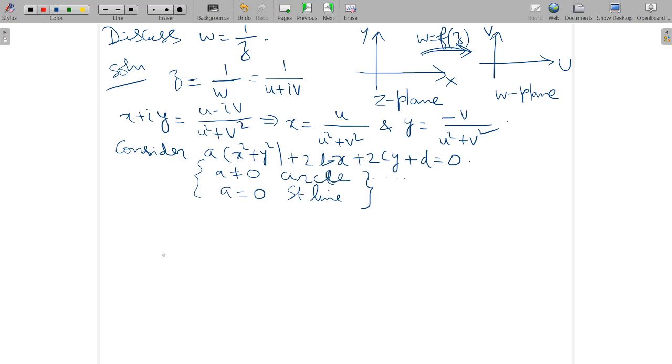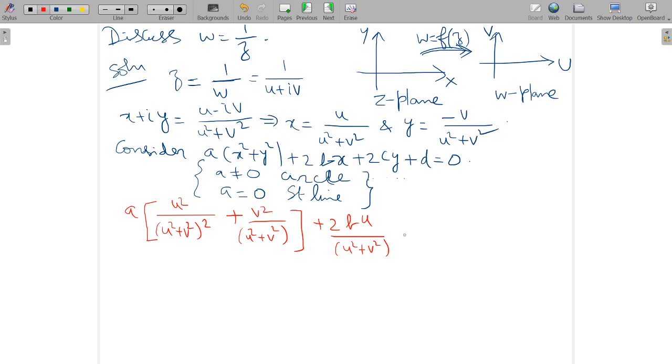Now I replace x with u by u squared plus v squared, and x squared plus y squared is being replaced with u squared plus v squared the whole squared by u squared plus v squared. This will be a into x squared plus y squared plus 2bu by u squared plus v squared minus 2cv by u squared plus v squared plus d is equal to 0.